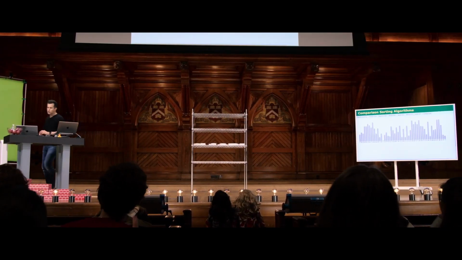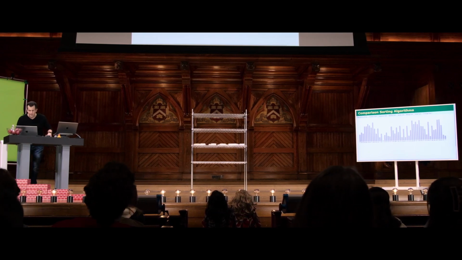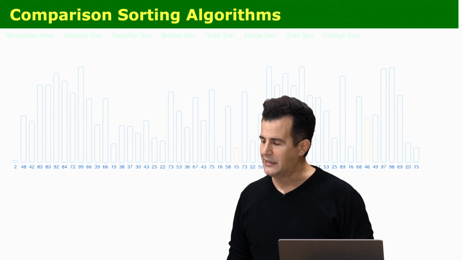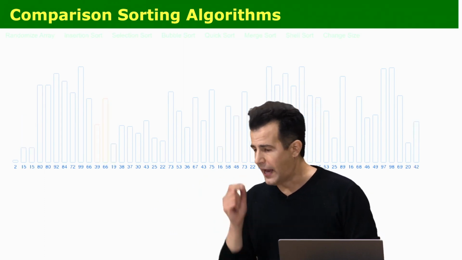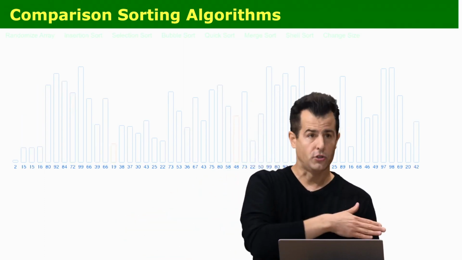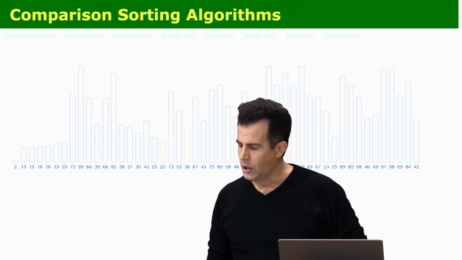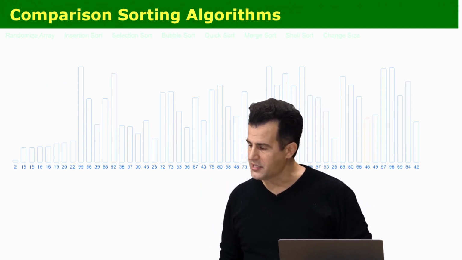So let's go ahead and start with, for instance, selection sort. And you'll see in pink is being highlighted the current number that is being selected and then pulled all the way to the left. So this is selection sort. And again, it's selecting the next smallest element.